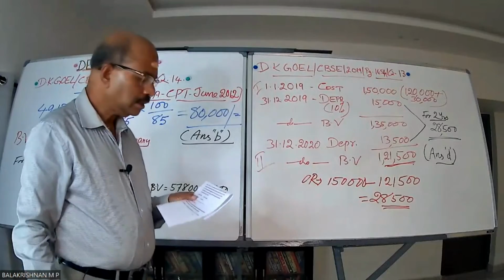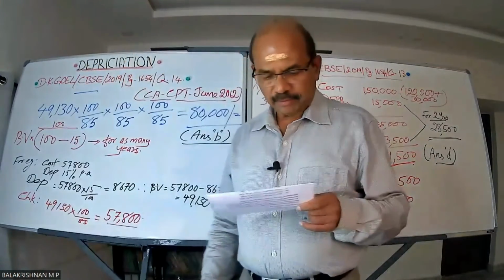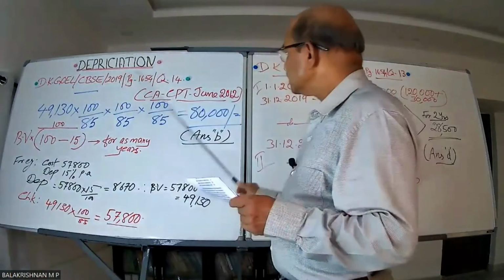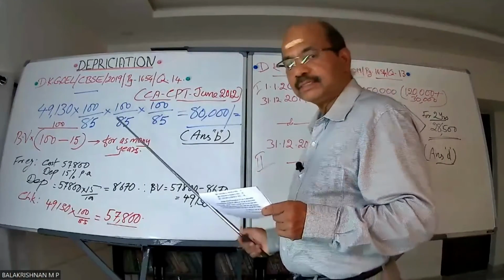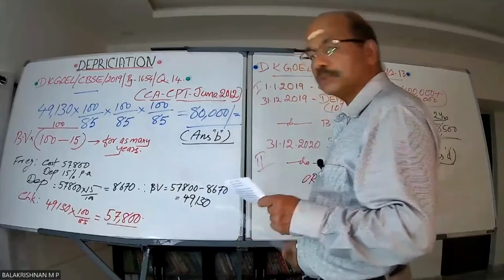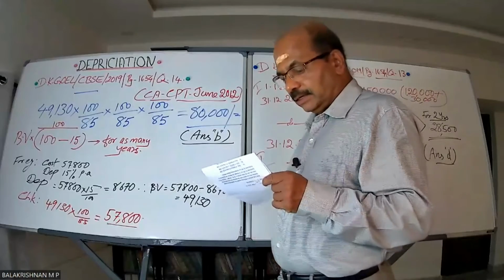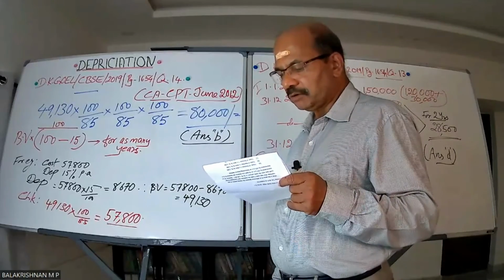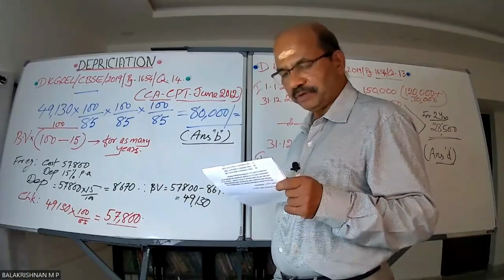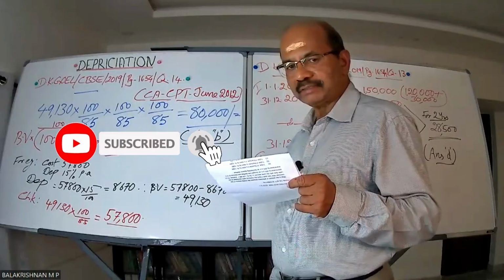So that's all. Now let us take up the third one of the day, that is question 14. And well, that has been asked in the CA CPT June 2012 exam also. It is like this. The WDV of an asset after 3 years of depreciation on reducing balance method at the rate of 15% per annum is rupees 49,130.